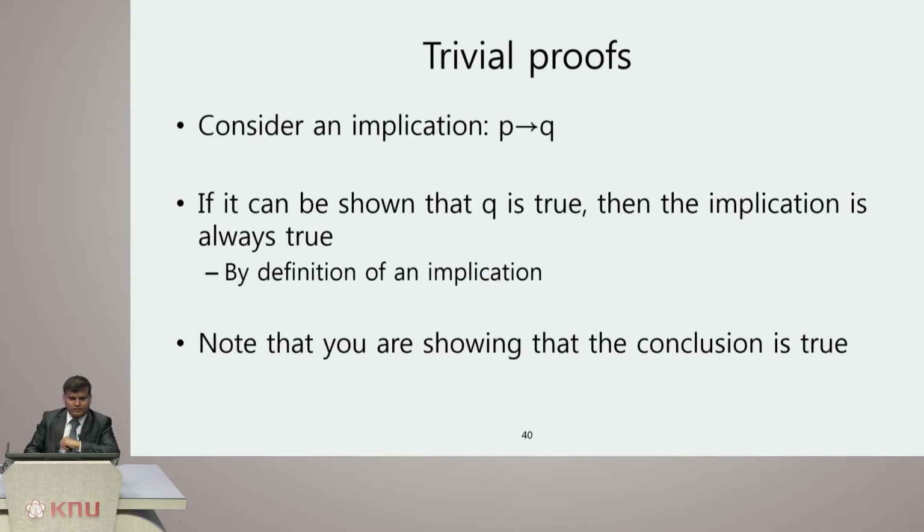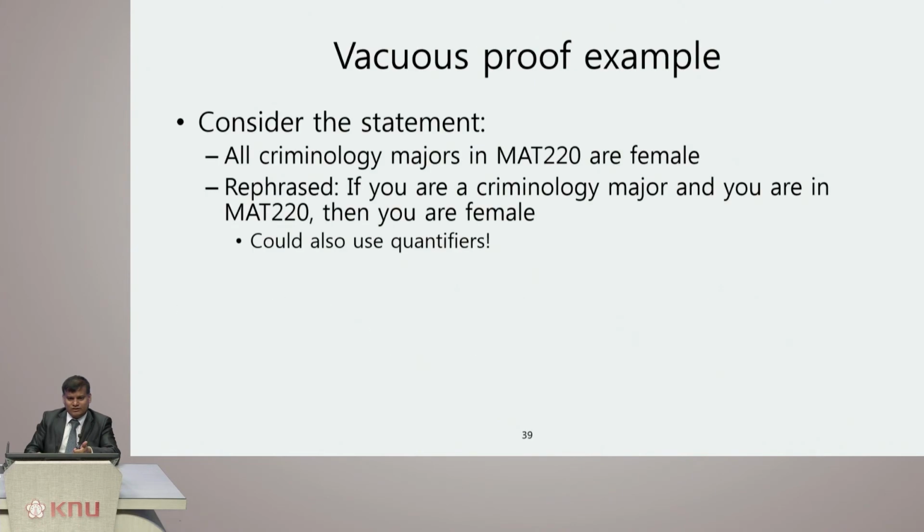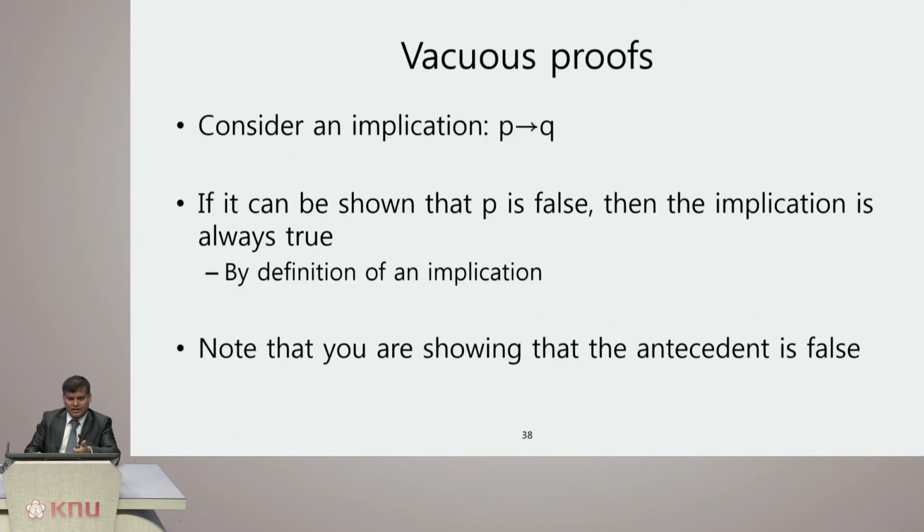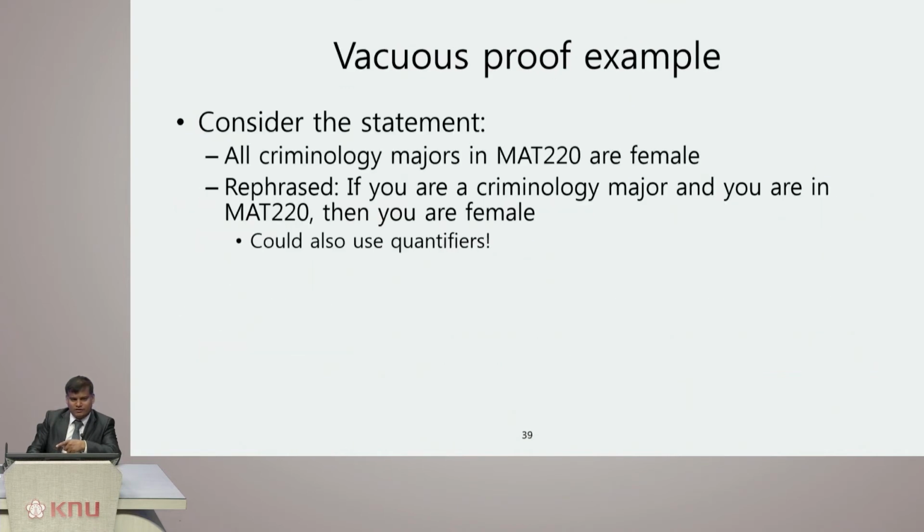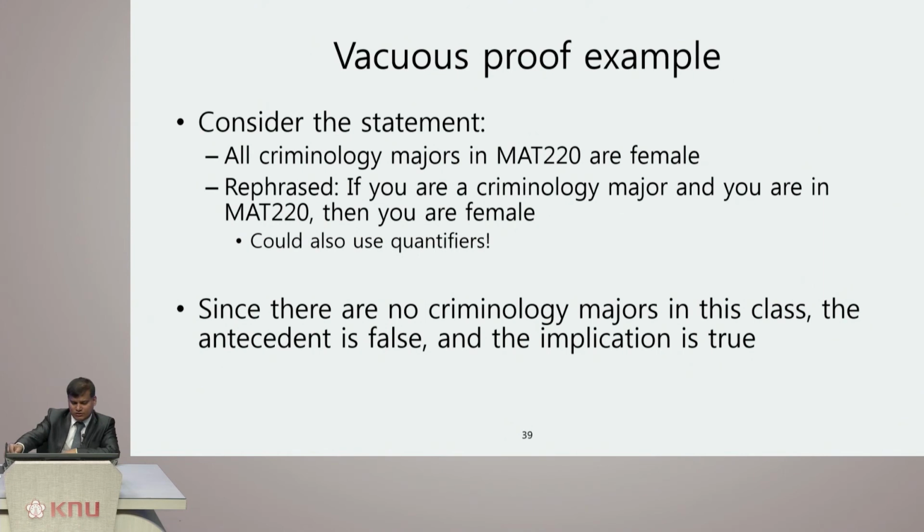So we note that we have to show the conclusion is true. In the previous case, for the vacuous proof, we have to show the antecedent is false. In other words, the hypothesis should be false. That's where we show that there is no criminology major.